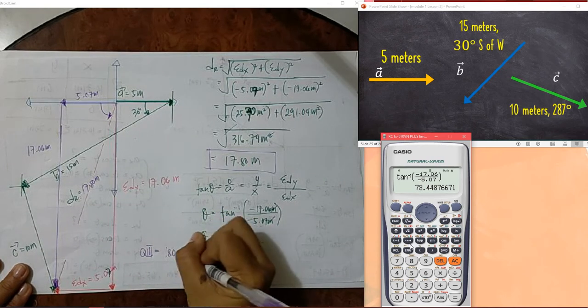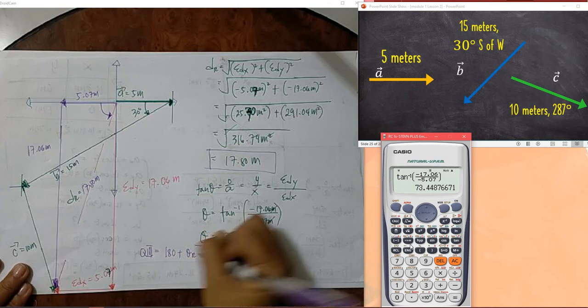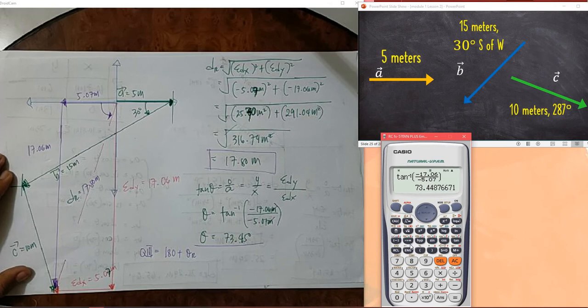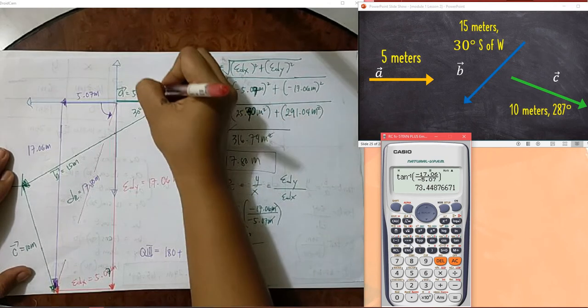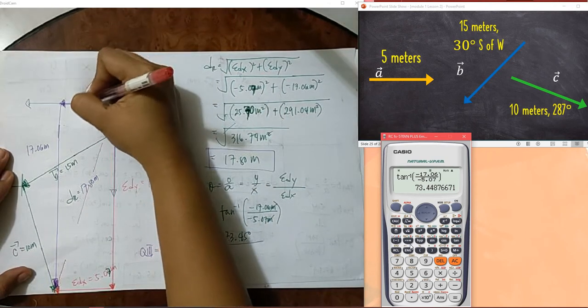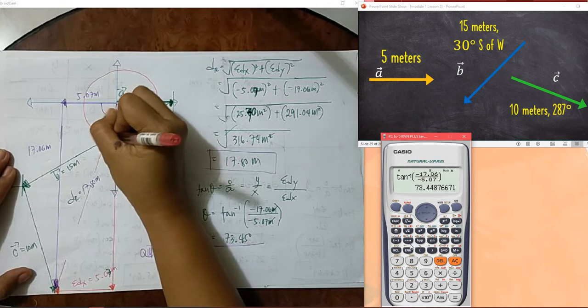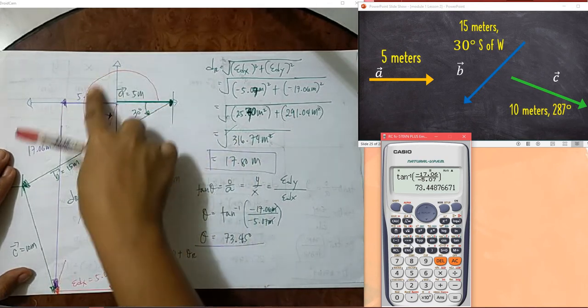We are going to add our reference angle to our 180 degrees. Bakit? Kasi, eto yung angle na hahanapin natin. It should be following the counterclockwise direction.